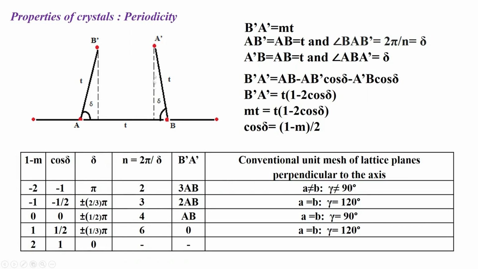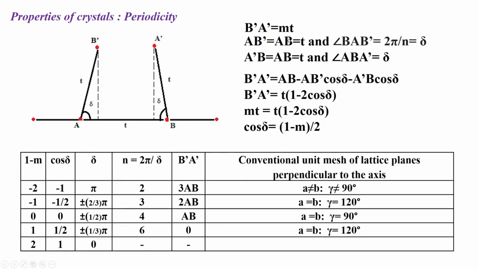The angle B A B prime, which is the angle A B A prime I should be referring to here, will be equal to 2 pi divided by n, because n is the fold of rotation. So, if n is equal to 1, it is 360 degrees, if n is equal to 2, it is 180 degrees, and so on. So, B A B prime is 2 pi divided by n, and so is A B A prime, and both of them define our delta value.